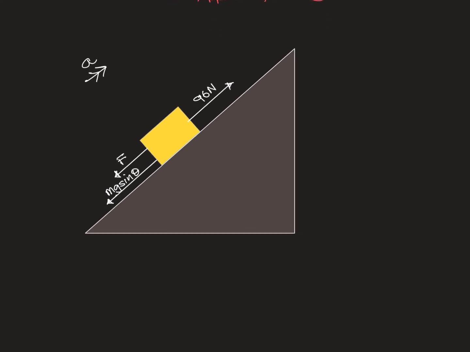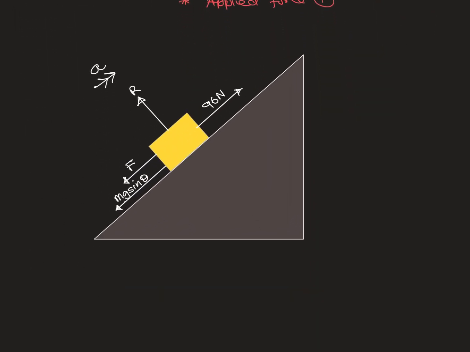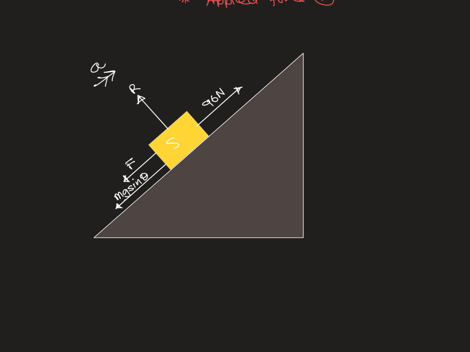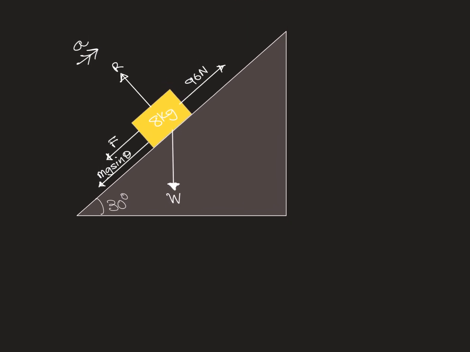We can complete the diagram by indicating the normal reaction R. The mass of the object is 8 kilograms, and we can indicate the weight that is acting vertically downwards. We have an angle of inclination of 30 degrees. So that is the diagram.